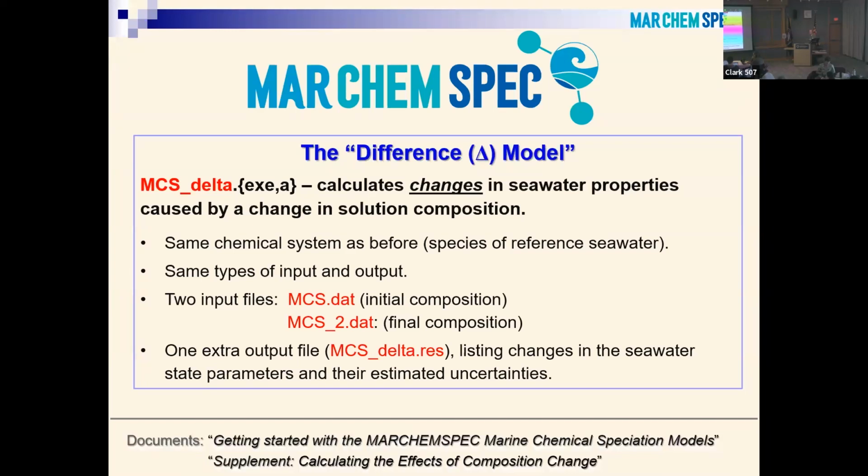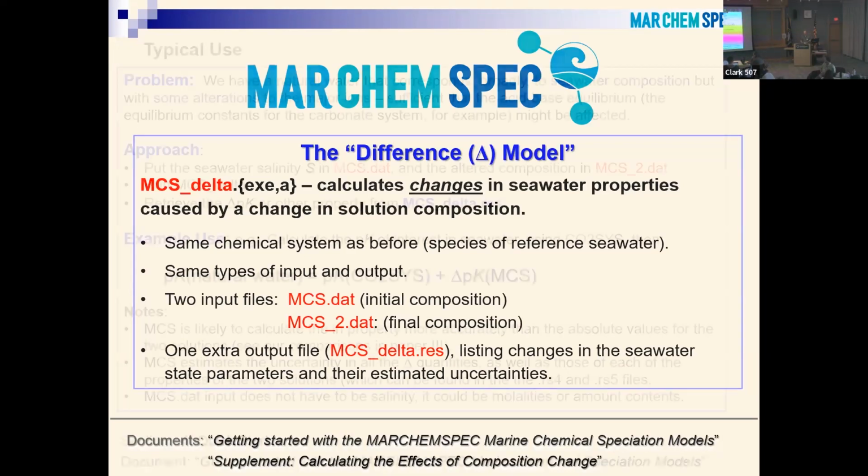I could just run mcs_c twice, once for one set of compositions, once for another, and then subtract the two. The reason for doing it is that the uncertainties in this difference are not simply additions or divisions or subtractions. They're rather more complicated than that, and that's why we put it in one program.